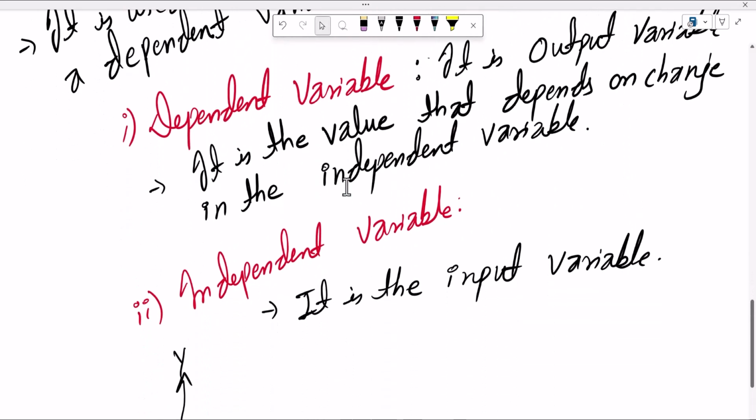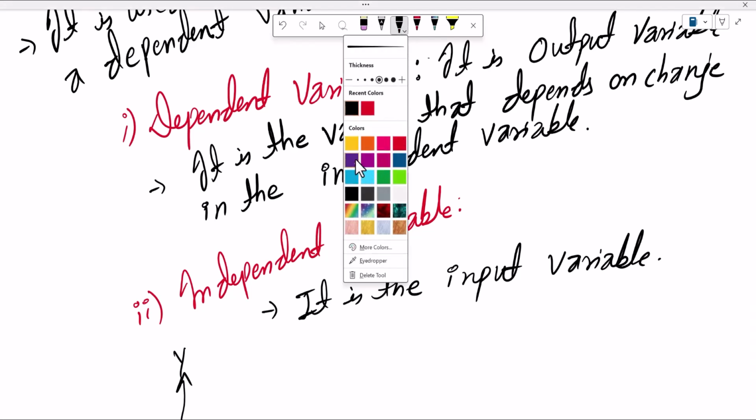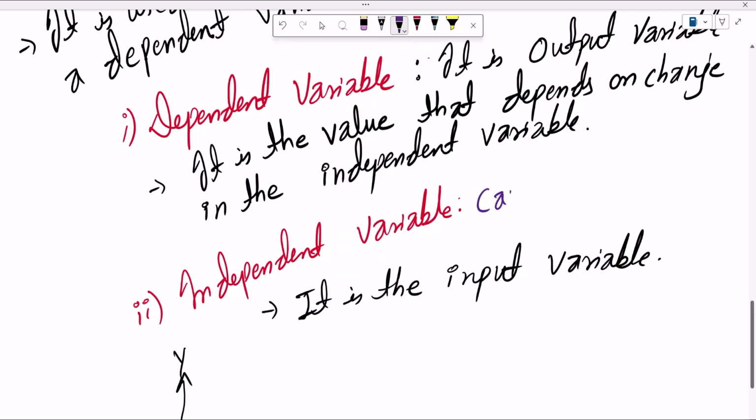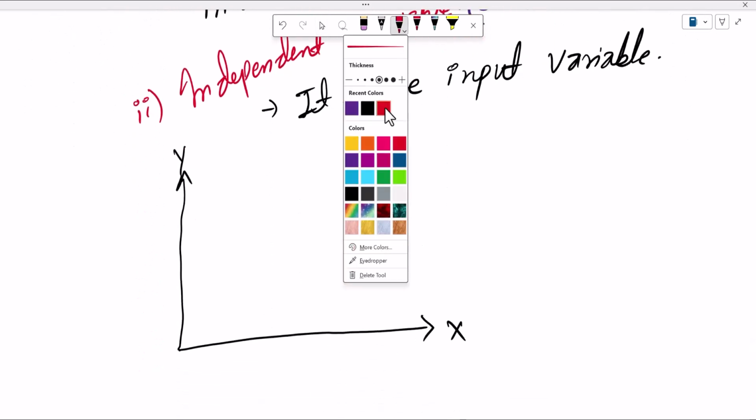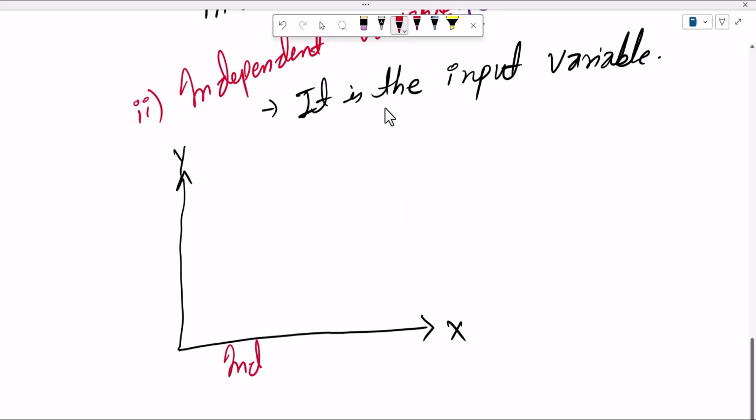So this is the cause and this is the effect, cause and effect. Now on the x-axis you have independent variables, and on the y-axis you have the dependent variable.